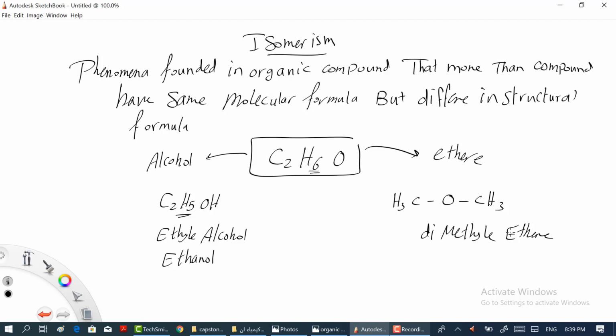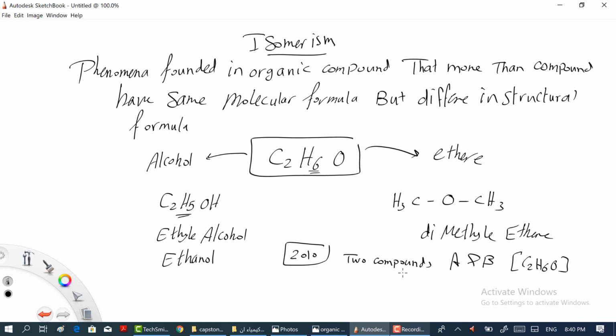But what is the difference between the alcohol and the ether, according to one of the questions of the general secondary certificate 2010? The question said that two compounds A and B have the general formula C2H6O.